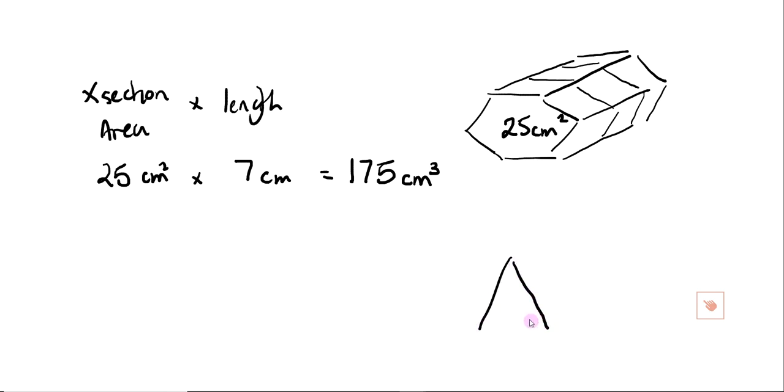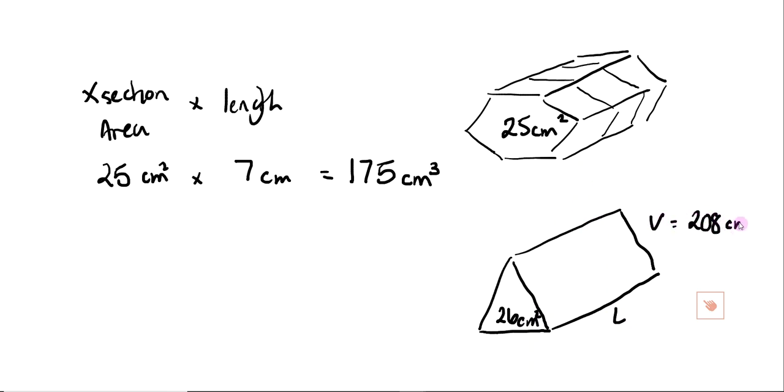So what kind of prism is this? Triangular prism. Okay. So you are told that the face, which is all important, is 26 centimetres squared. You are asked to find its length, but you are told that the volume is 208 cubic centimetres.